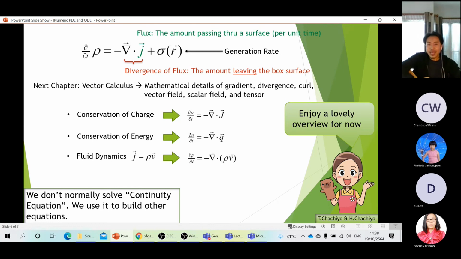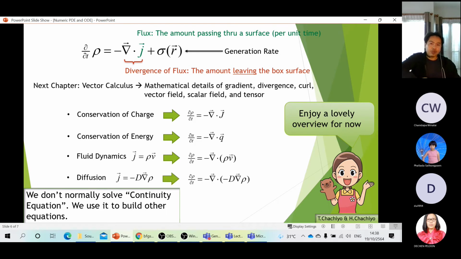If you plug that into this equation of continuity, you get that equation here, and that gives you the equation of fluid dynamics. Again, if we imagine that the fluid does not leak away, it's conserved, that means that sigma is 0 in this case.